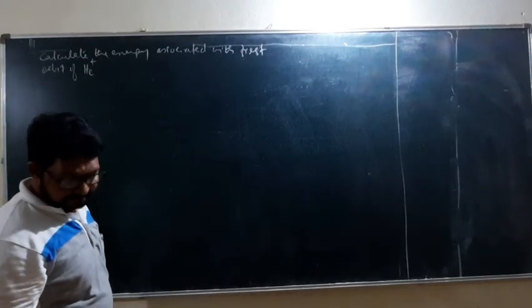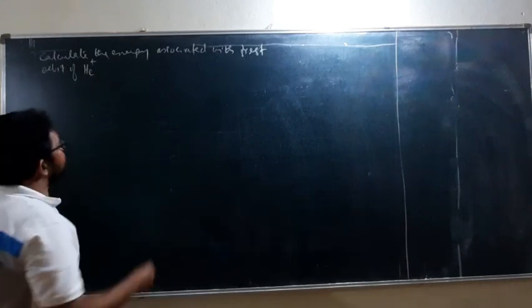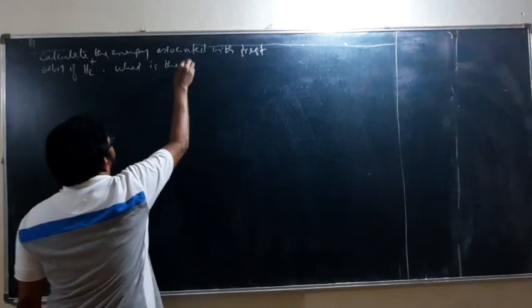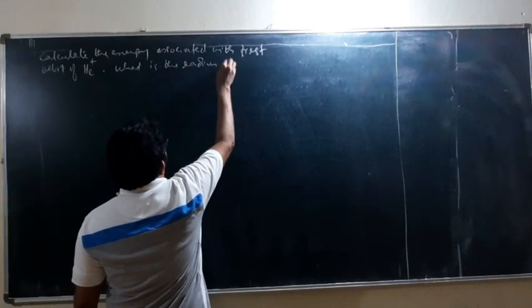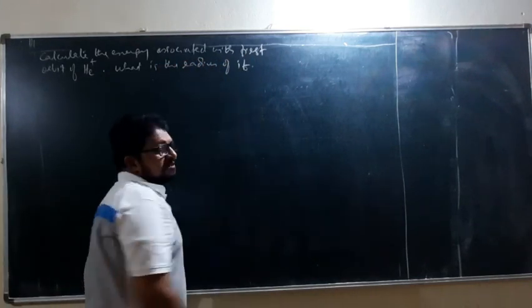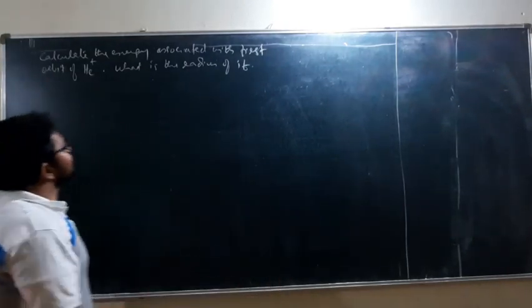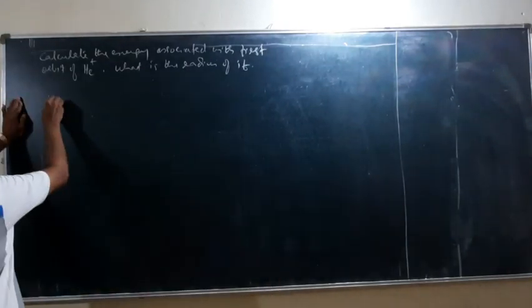What is the radius of it? It means which orbit it is? First orbit. Correct, no? So what is the equation for energy?